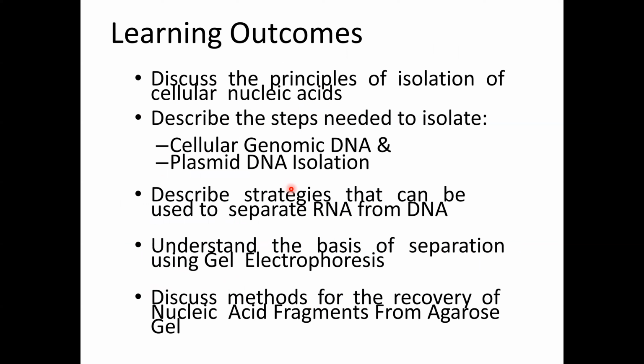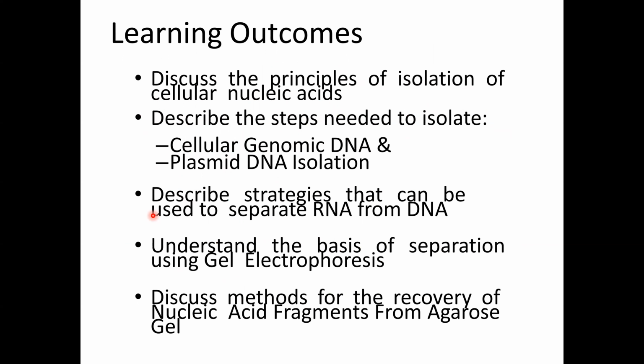For the learning outcomes, the students should be able to understand the principles of isolation of cellular nucleic acids, and we're also going to describe the steps needed for isolation, whether at the cellular genomic level or the plasmid DNA isolation level.